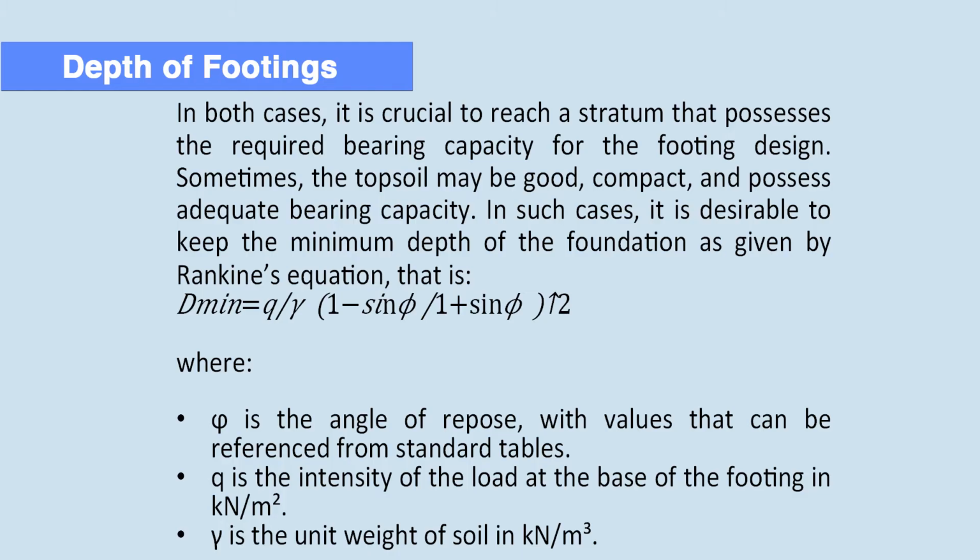In such cases, it is desirable to keep the minimum depth of the foundation as given by Rankine's equation, that is d minimum is equal to q by gamma multiplied by (1 minus sin phi divided by 1 plus sin phi) whole squared, where phi is the angle of repose with values that can be referenced from standard tables, and q is the intensity of the load at the base of the footing in kilonewton per meter square. Gamma is the unit weight of soil in kilonewton per meter cube.